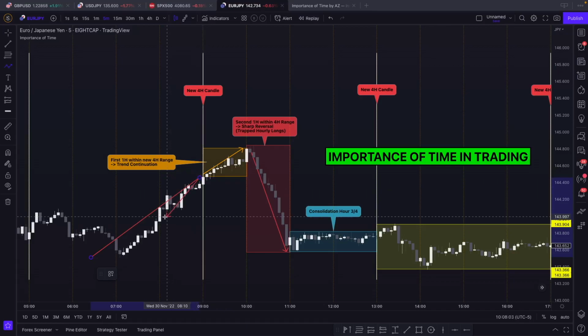So for hourly traders, we also just formed a super bullish candle. So now hourly traders are also being triggered into this market with a break above previous resistance right around here.